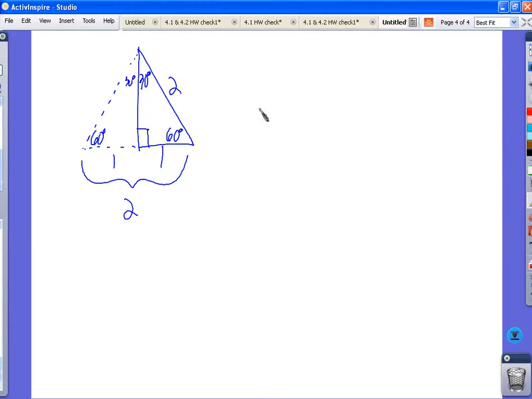Answer is yes. Let's call it A. A squared plus 1 squared equals 2 squared. A squared equals 3. A equals the square root of 3. 4 minus 1, 3, square root.